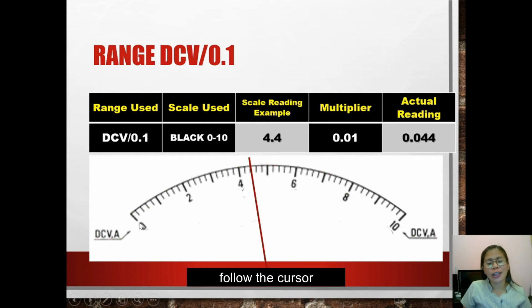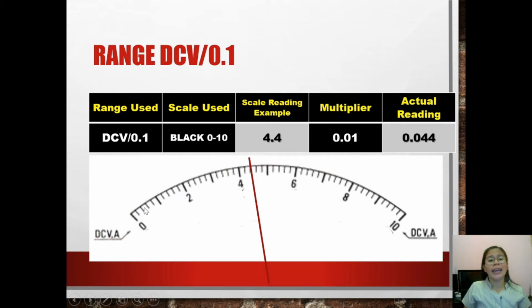For example, we have 0, 0.2, 0.4, 0.6, 0.8, 1, 1.2, 1.4, 1.6, 1.8, 2. Each division in 0 to 10 is 0.2.